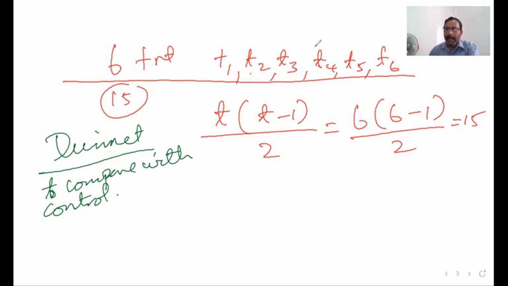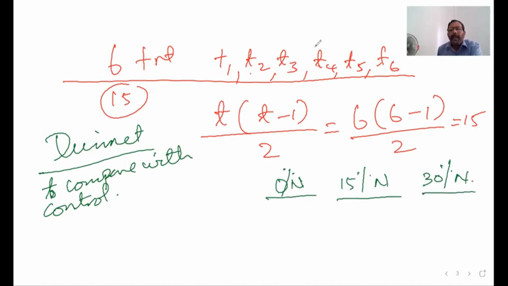Now, sometimes we cannot say no treatment. I have an experiment: 0 nitrogen, 15% nitrogen, 30% nitrogen. If you measure the yield, can we say 0% nitrogen yield is better than 15% nitrogen or 30% nitrogen?